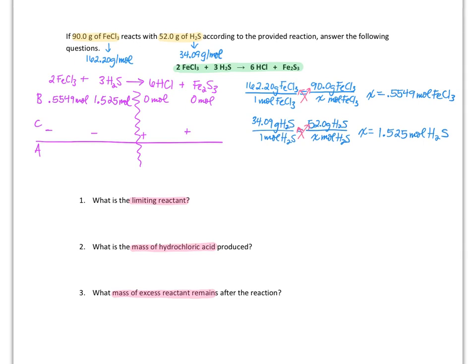So I'm going to use each of these, starting with the iron chloride. I have 2 moles of FeCl3 in the reaction, which will make 6 moles of HCl. And I know that I have 0.5549 moles of FeCl3, and I want to find out how many moles of HCl that can make.